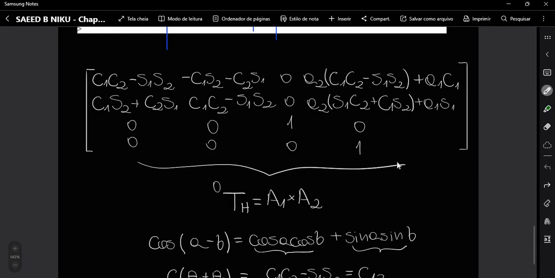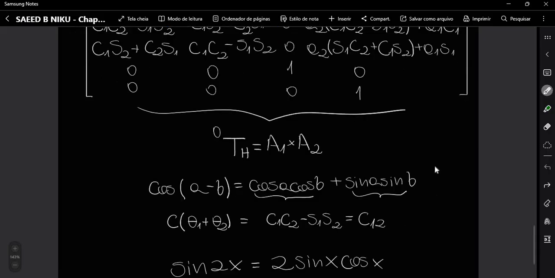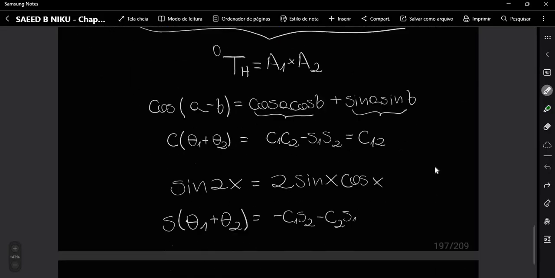So again, right here, as you can see in these columns, we have a product of two cosine components and a subtraction of a product of two sine components. This is something we can relate to a property from trigonometry.